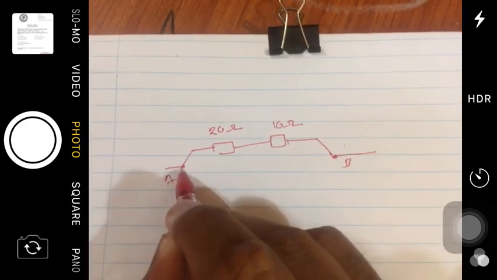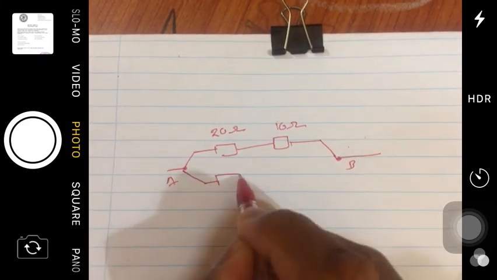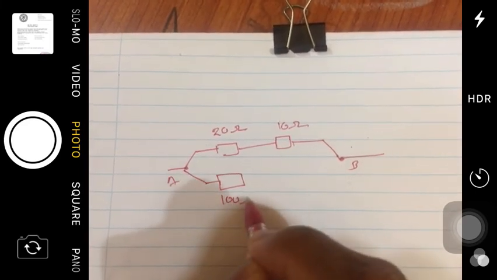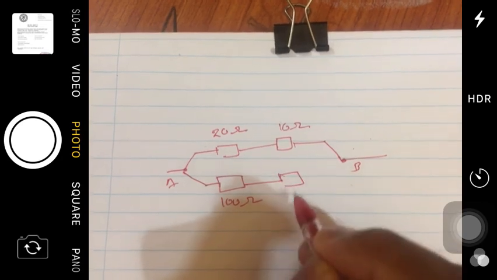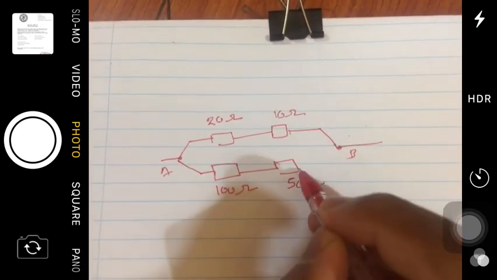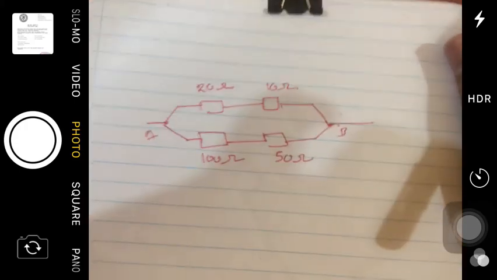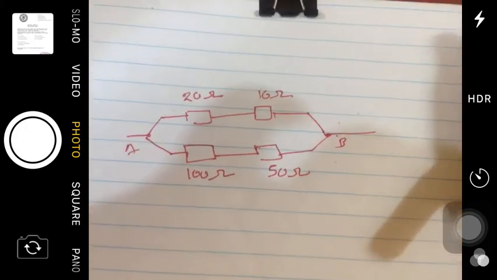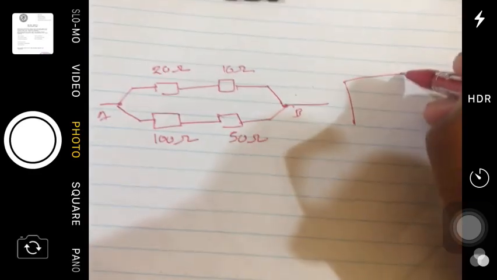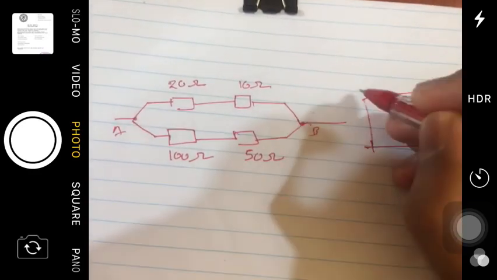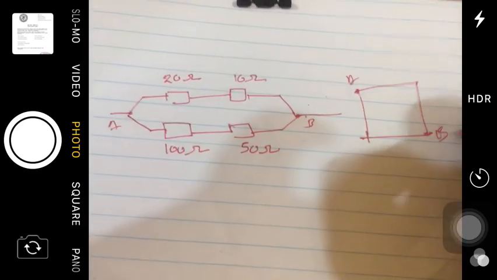On the other route you have 100 ohms and 50 ohms. If the question was given like this, you would have immediately done it, but giving it as a rectangle might make you confused, but don't be deceived.